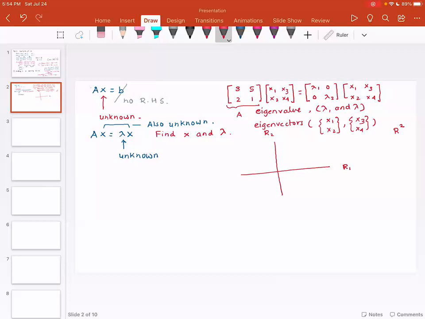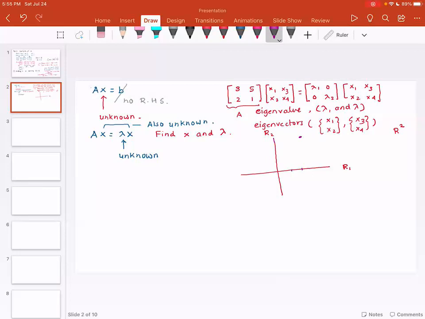So the first point that I want to plot on this plot is maybe 3 and 5, and the second point which I want to plot maybe is 2 and 1.